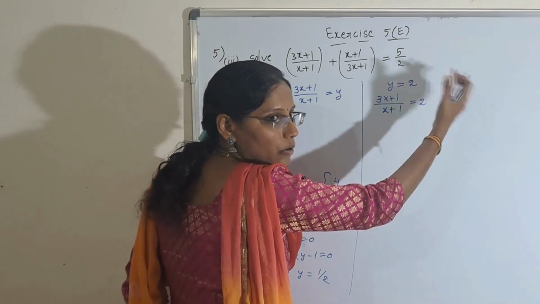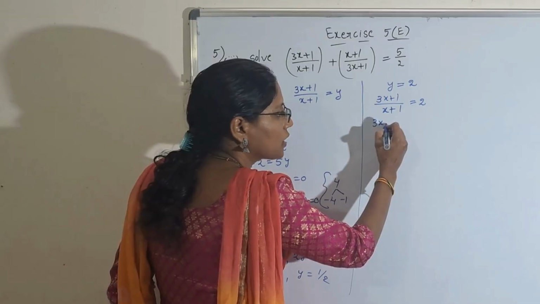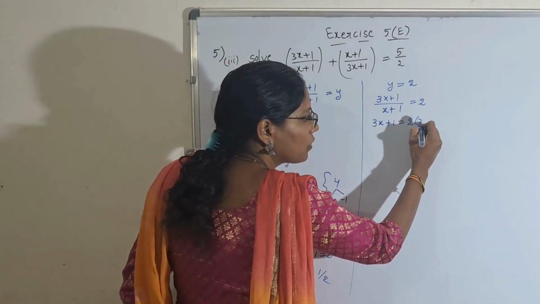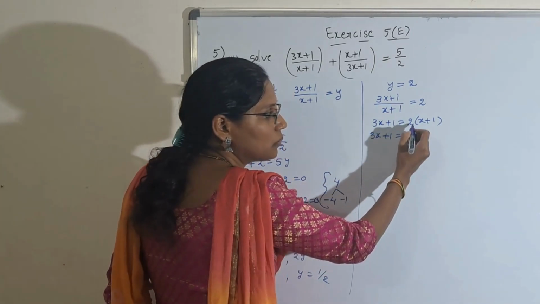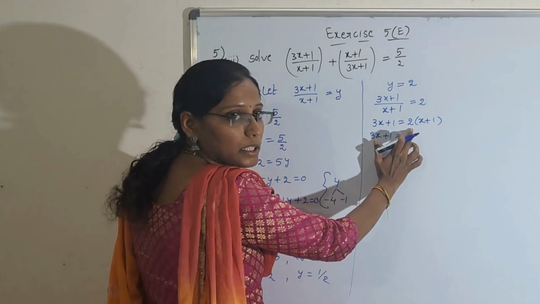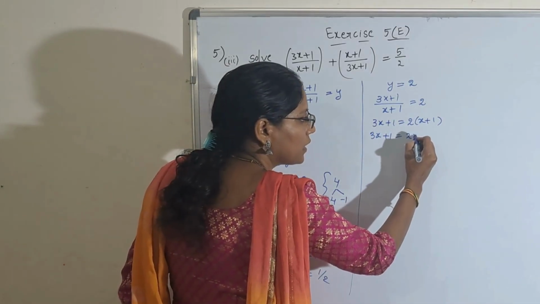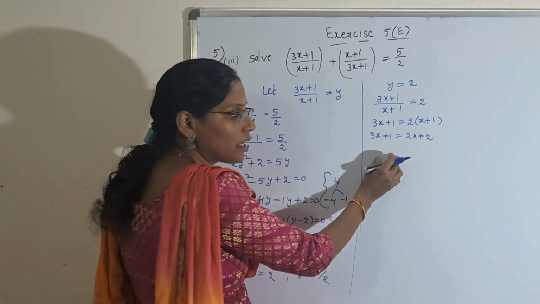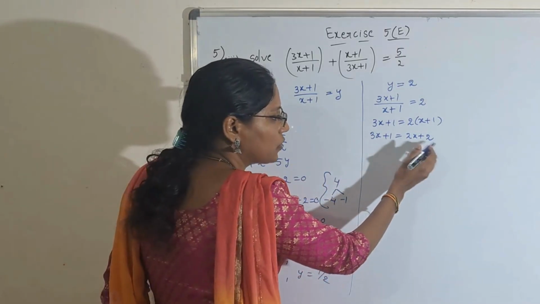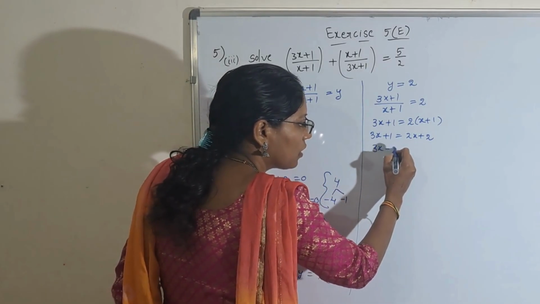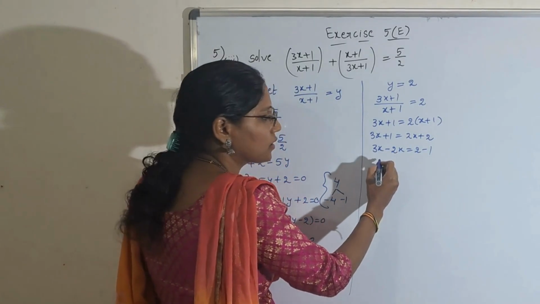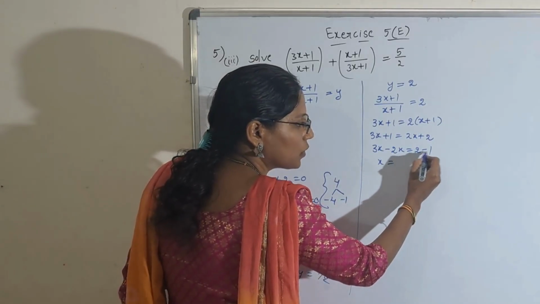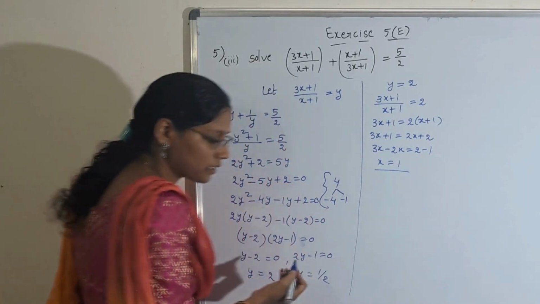Otherwise x plus 1 we have to send to the right side. 3x plus 1 is equal to 2 of (x plus 1). 3x plus 1 equal to, this bracket multiplied with 2, 2x plus 2. X values on one side, constant values on one side we have to shift. 3x minus 2x, 1x is equal to 2 minus 1, 1. This is the x value.